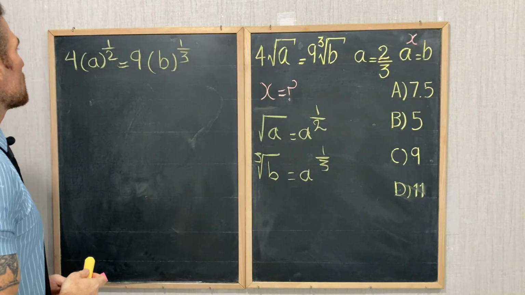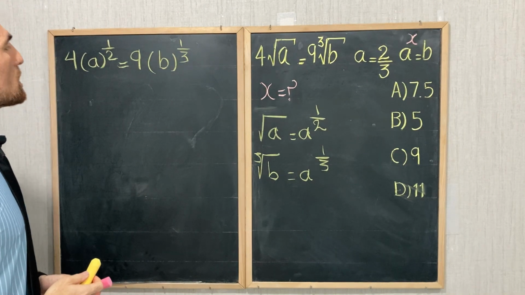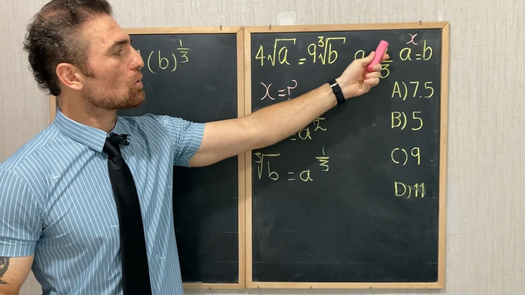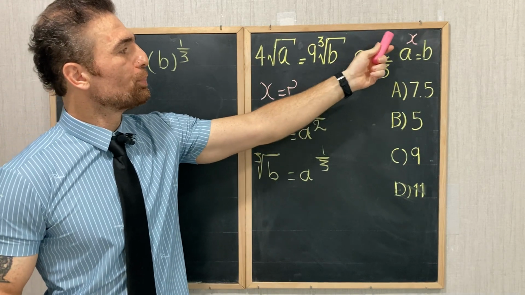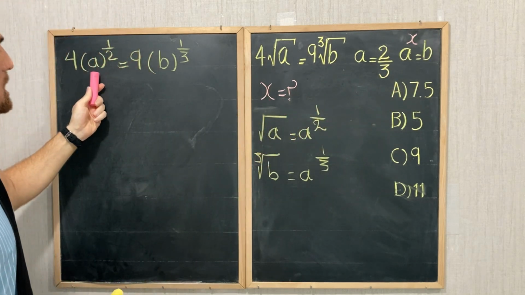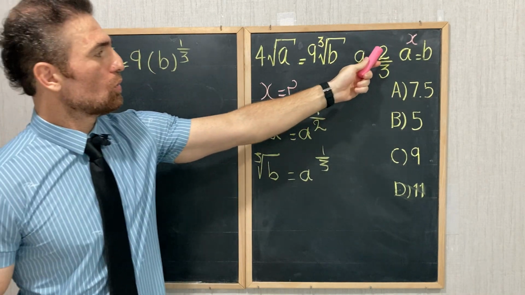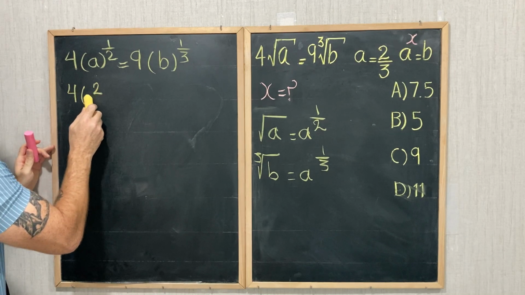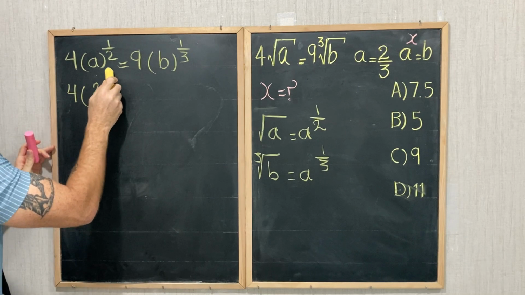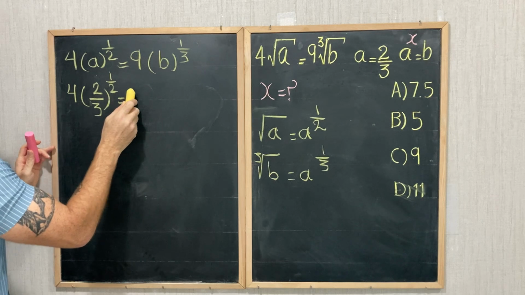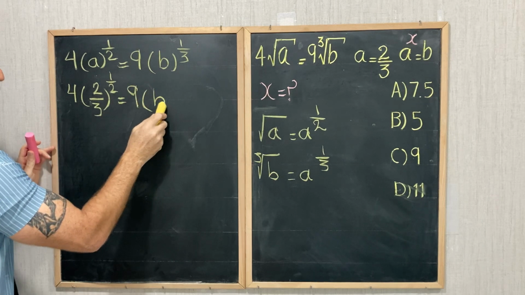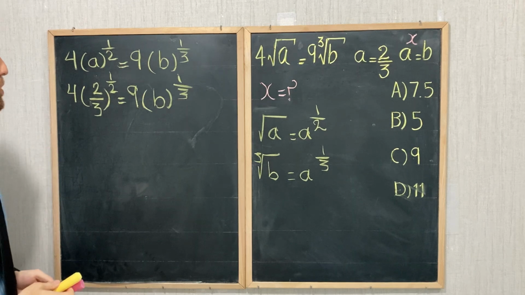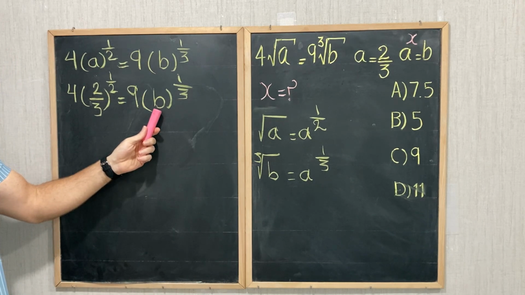Now, to continue the solution, let's use this important information in the question that says a equals 2 over 3. So I'm going to put this number in this expression. Let me write it. 4 times 2 over 3 to the power of 1 over 2 equals 9 times b to the power of 1 over 3. To continue the solution, we need to isolate the b.